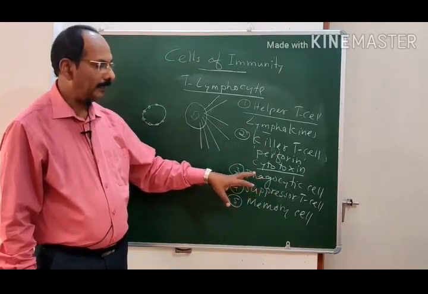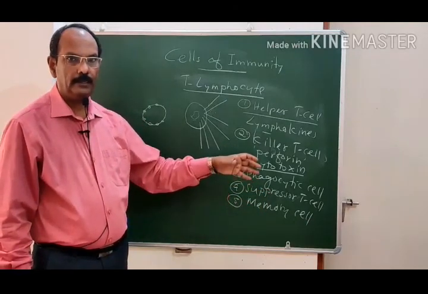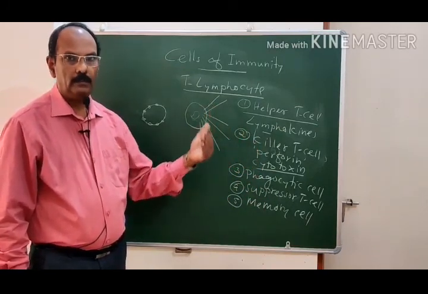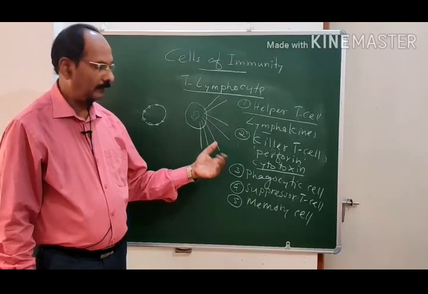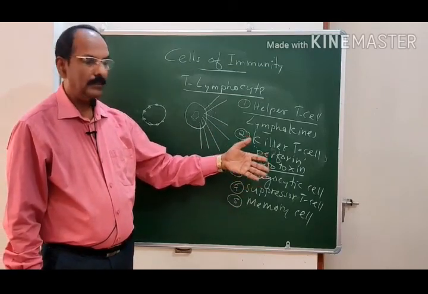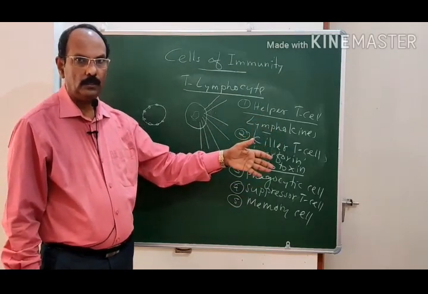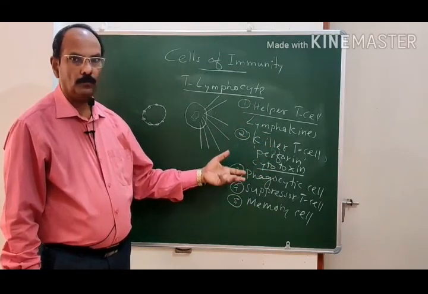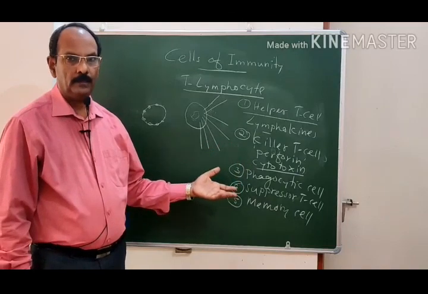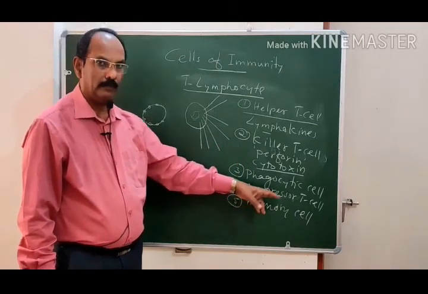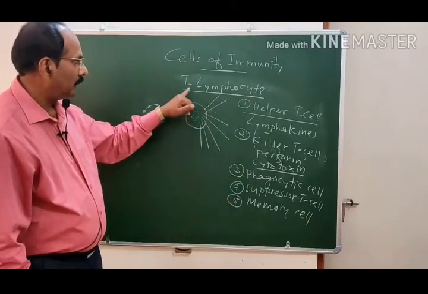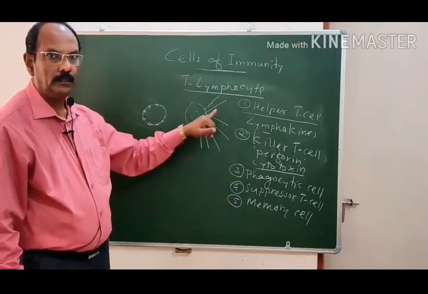It can identify the microorganisms immediately in a second encounter, or after many years if the same microorganisms attack the body, and these memory cells immediately kill that microorganism. So once a person has had a disease, for example measles or smallpox, the disease cannot affect them again because of the presence of these memory cells.